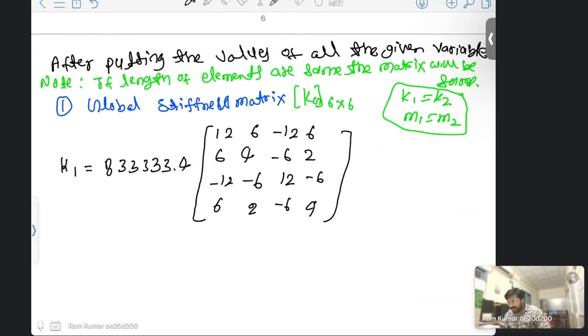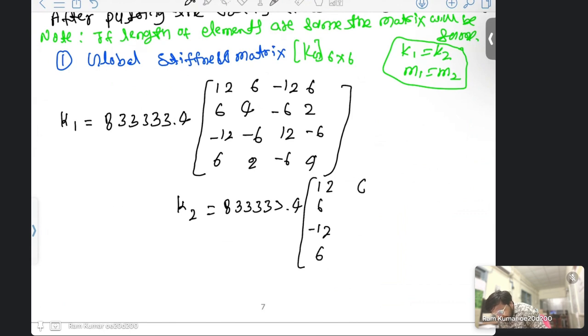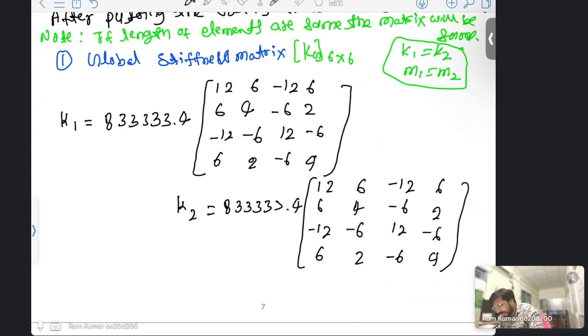This will be your K1. Similarly, K2 will be the same, so it will be 8 3 3 3 3 3.4, 12 6 minus 12 6, 6 4 minus 6 2, minus 12 6 12 minus 6, 6 2 minus 6 4.